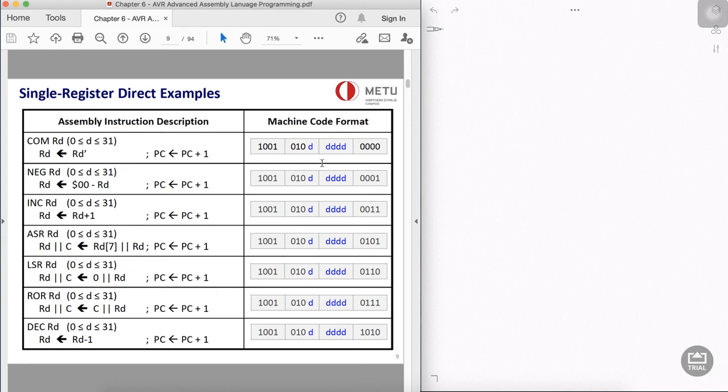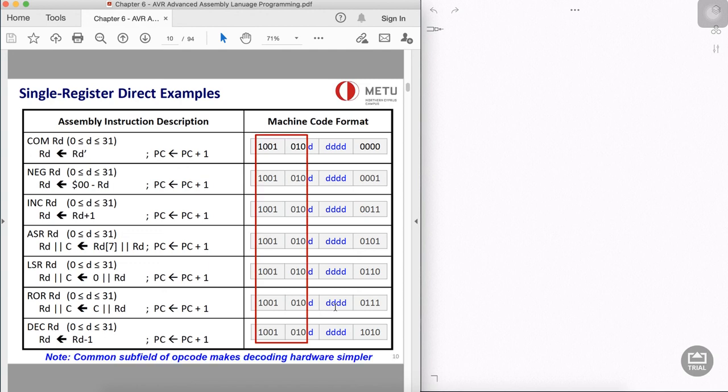The operand is coming in between as 5 bits, so we can cover all the GPRs 0 to 31. Only the last 4 digits are changing depending on the instruction. So this is known as a single register direct example.